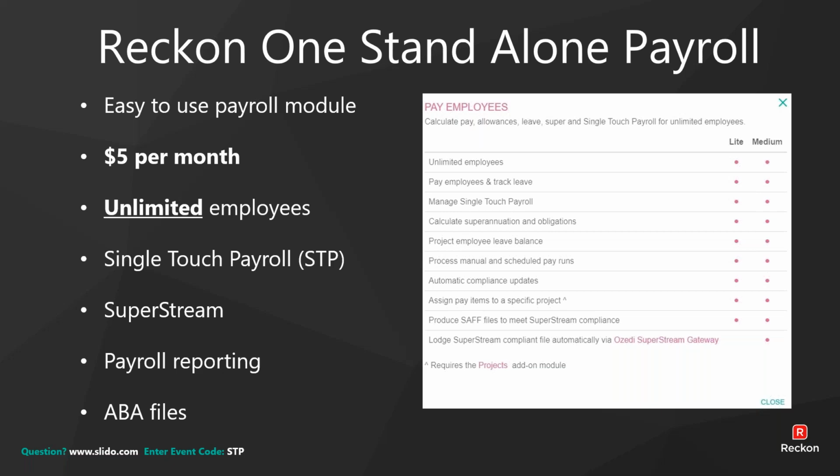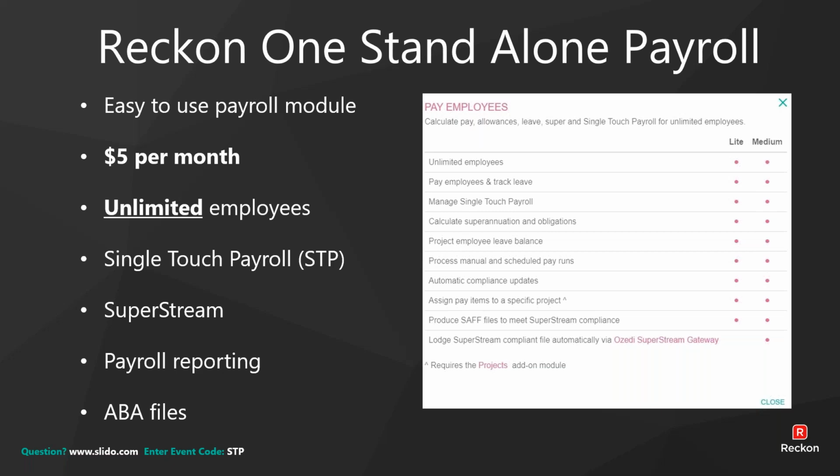Previously we had made the core module compulsory, but we found that a lot of our clients or partners weren't needing the accounting side of Reckon One. So it's good that you can just choose the payroll module. The light level is $5 per month, and the medium level is $7 per month.